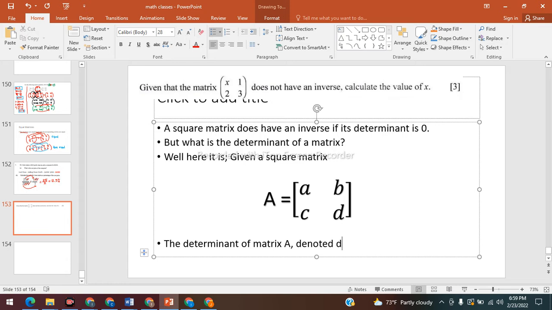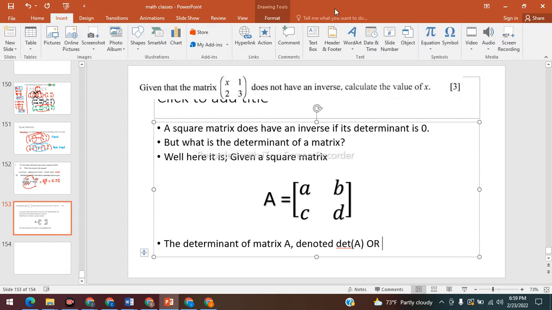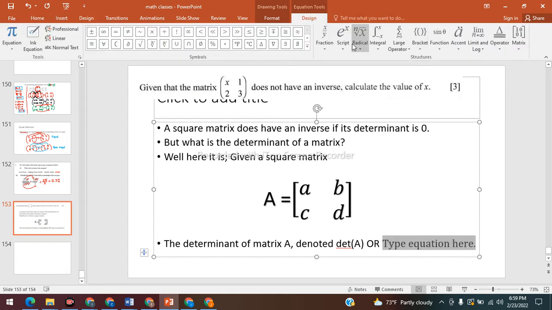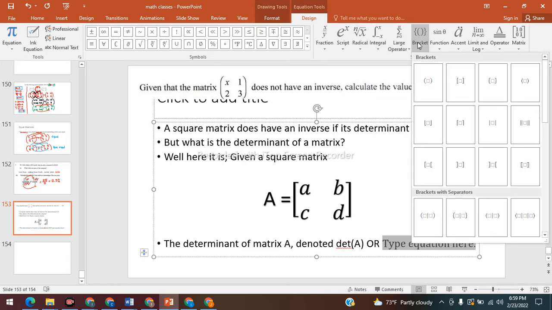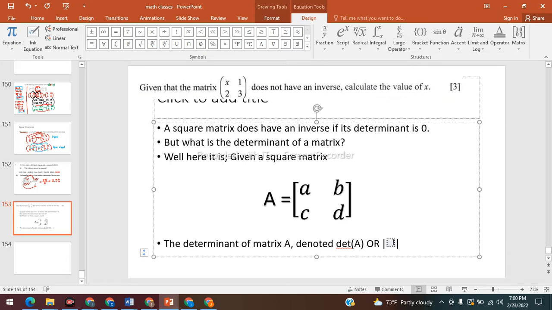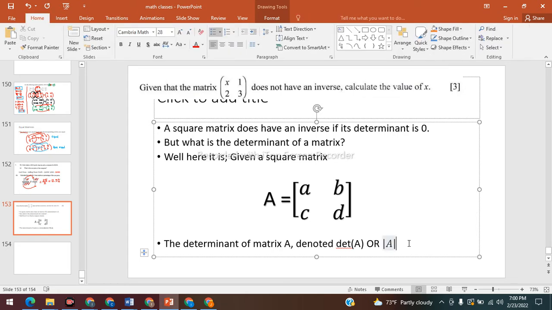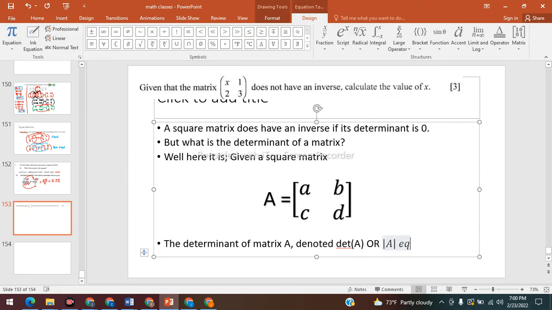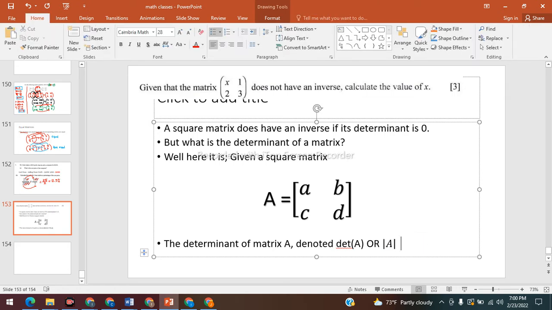We denote it as det of A, capital A, or we write it with vertical bars like absolute value, or the determinant of A, which is another way to write it, equals the following.